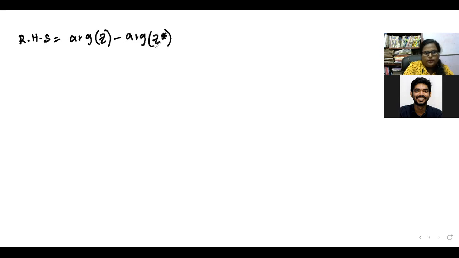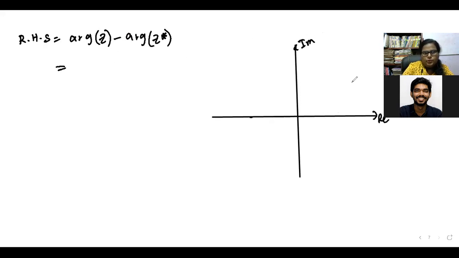When I draw this in an Argand diagram, this is the real part and this is the imaginary part. You know that Z is square root 3 minus i, so we can draw this: square root 3, and minus 1. So this is the complex number Z.